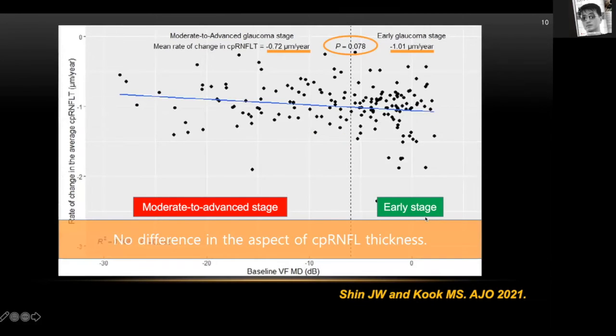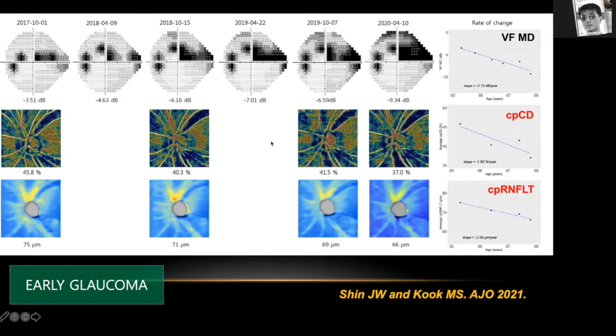In contrast, there was no difference in mean rate of change in CP-RNFL thickness between moderate to advanced stage and early stage. In this patient with early glaucomatous damage when enrolled, the rate of change in CPCD and CP-RNFL thickness showed progressive decrease consistently with visual field progression.